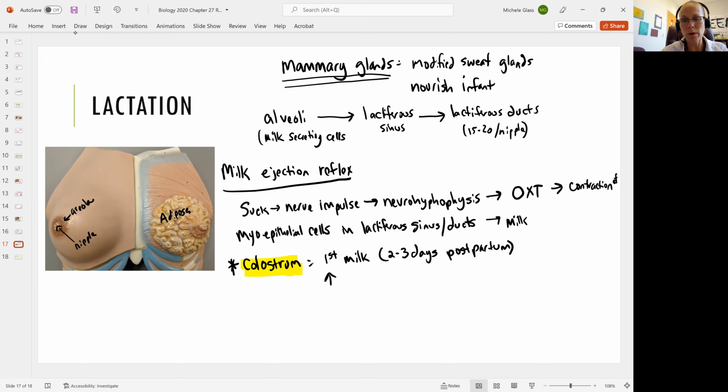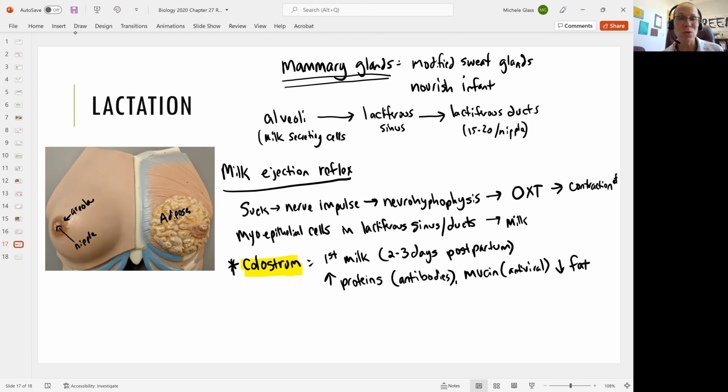It's going to be super high in proteins. And including in those proteins, you have antibodies. You also have mucin, which is an antiviral. And it's very low in fat. So a lot of times those newborns will lose a little bit of weight because they're not going to get a lot of fat initially, but they're going to get all this important protein and antibody that's necessary.